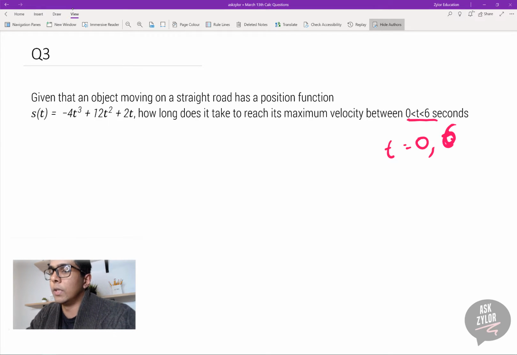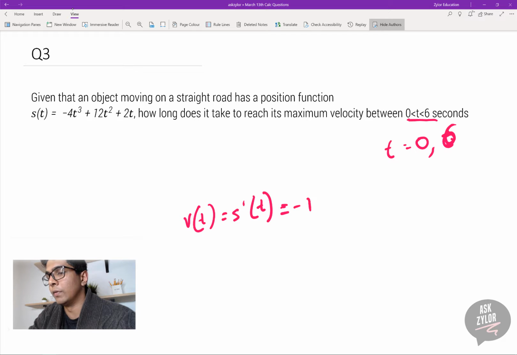So the first thing I do is I need to see what my velocity function is. I have my position function, so I'm going to find my velocity function because that is simply the derivative of my position function. So that's going to give me -12t squared plus 24t plus 2.